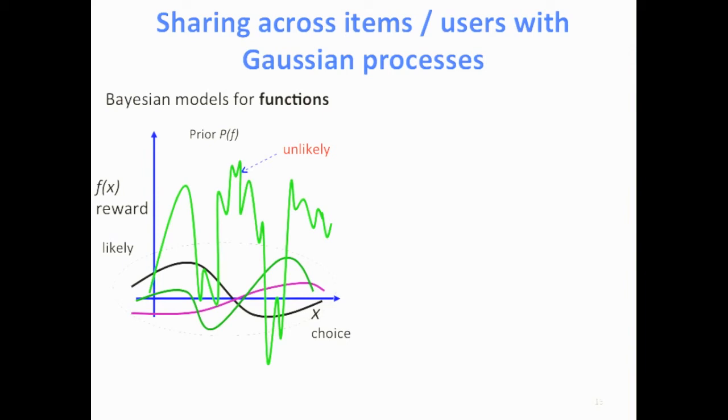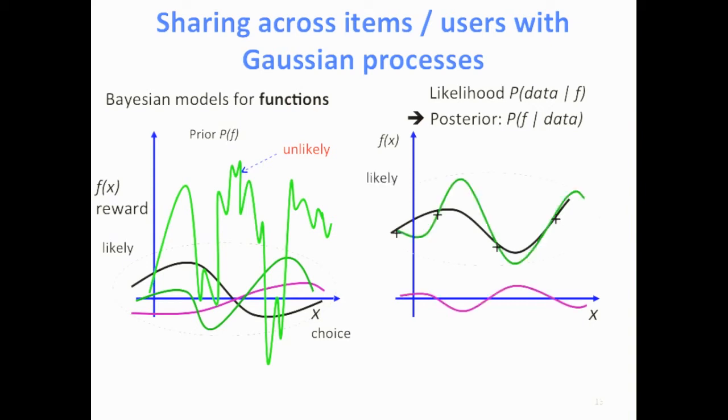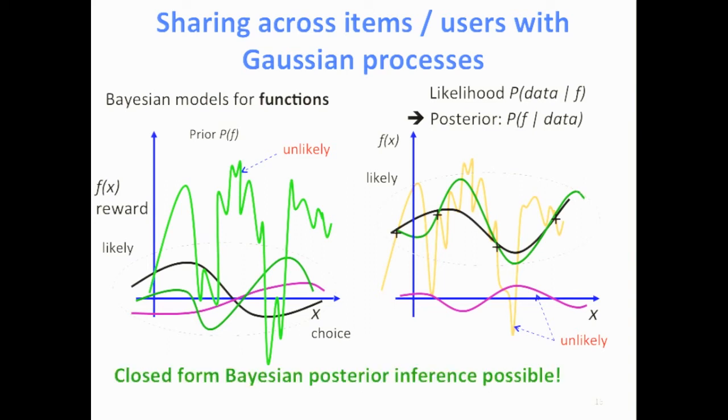Let's say we observe some data, which is clicks on books or ratings that were given to movies. So some of these remain likely because they obey the data, whereas something else, because they do not obey the data, becomes unlikely. But not just that, the ones that obey the data but vary wildly over the data, which is overfit to the data, for instance, these again remain unlikely.